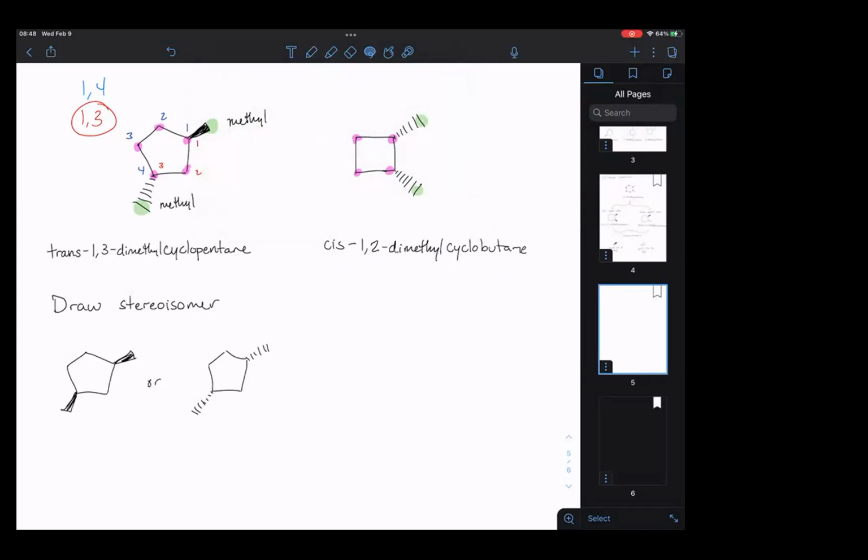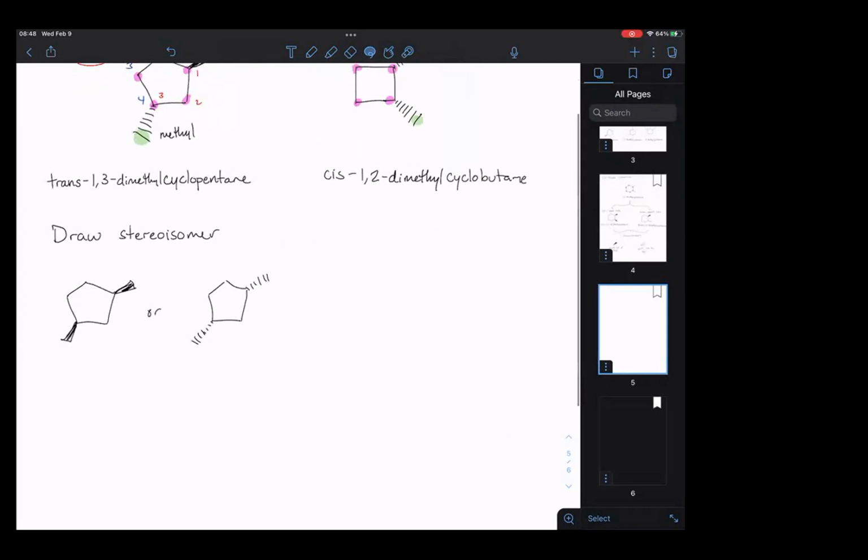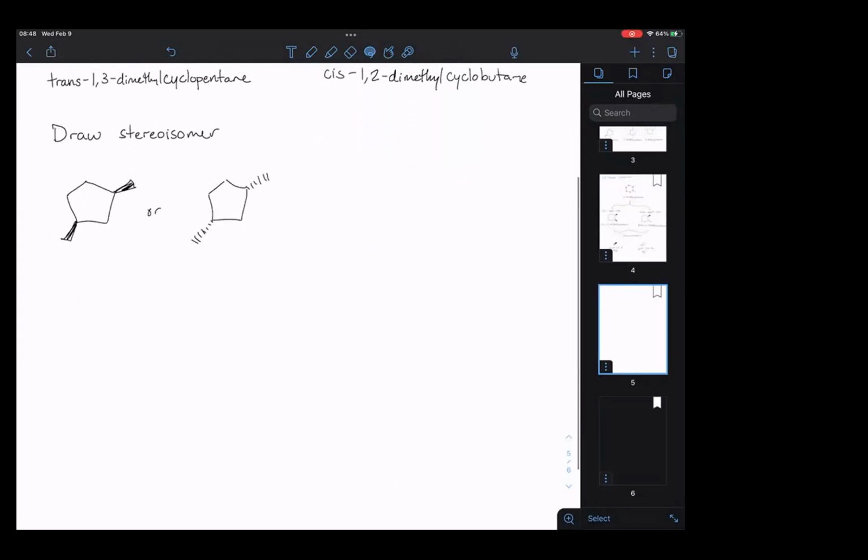Okay. And just to close it out here, I've been kind of uninventive in that I've always been using methyl groups. They don't have to be methyl groups. Let me just show you how that would look.